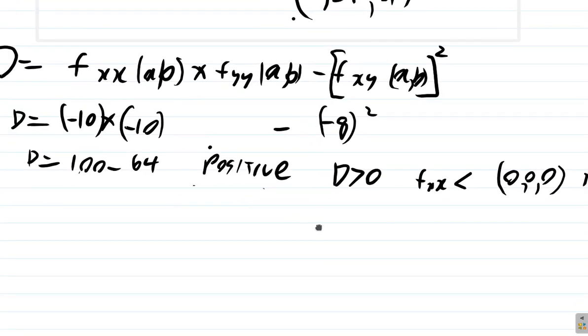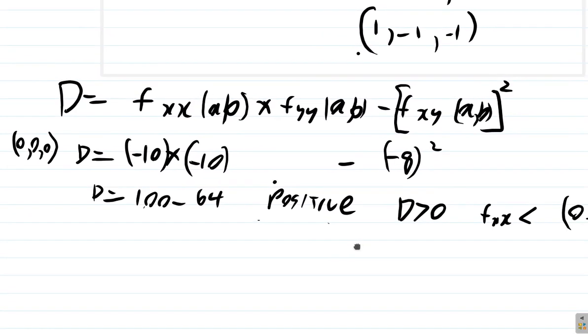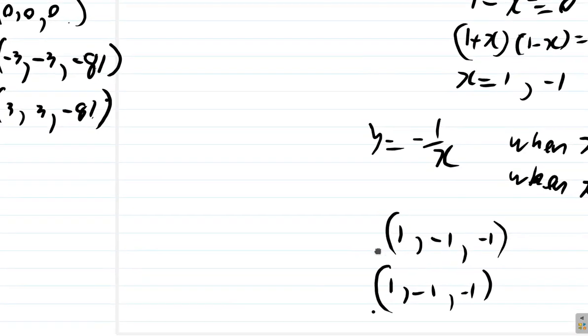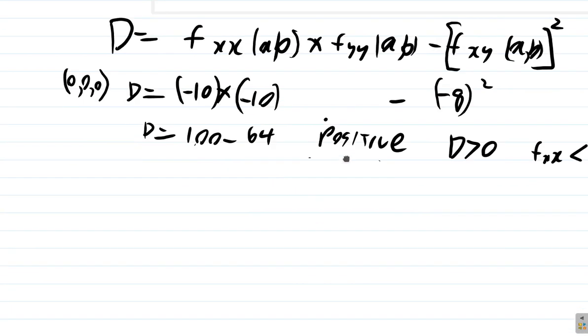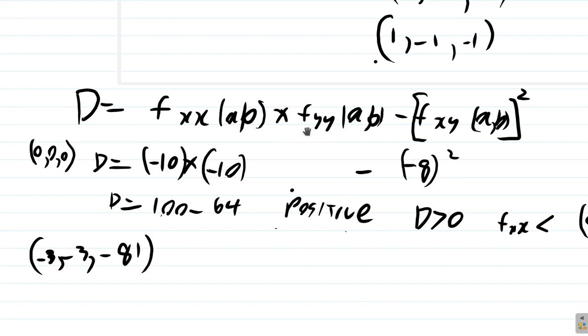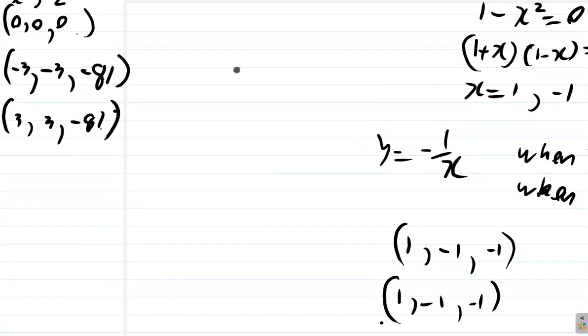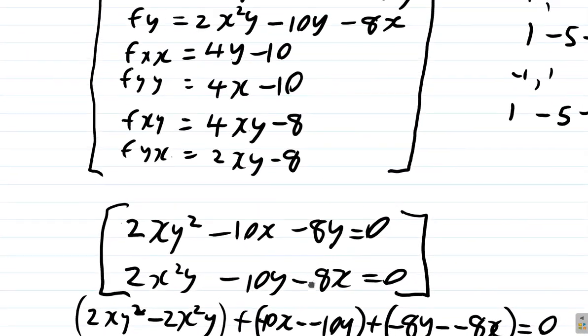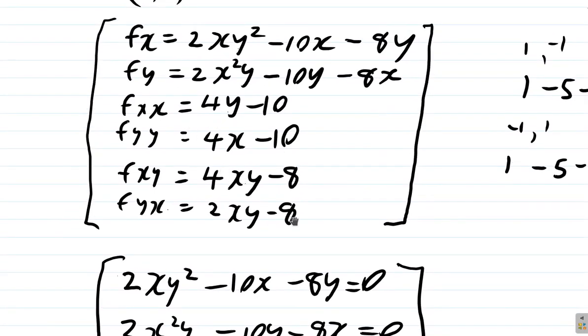So we found the nature of one of these points. What about negative 3, negative 3, negative 81? What happens there? We want to find fxx. At that point, fxx was 4y minus 10.